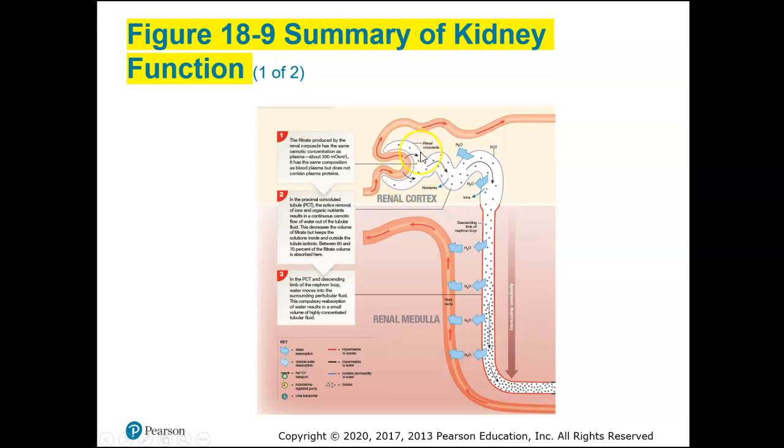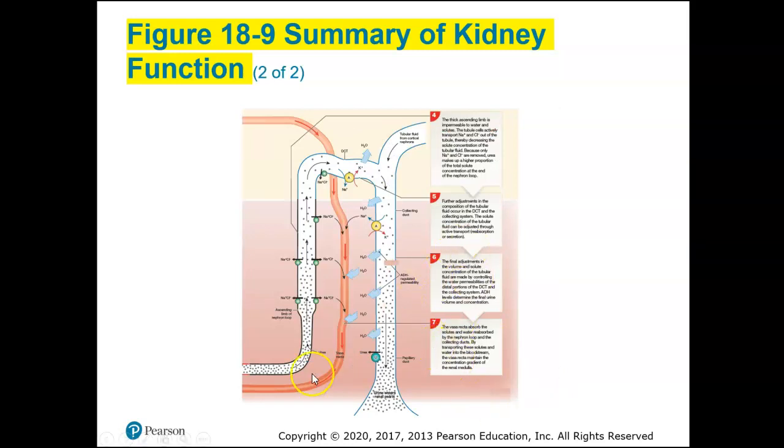Almost everything is filtered out of the blood, and then at the level of the PCT, almost all of that, 60 to 70% of what was filtered out, is reabsorbed back into the blood, especially nutrients like glucose and amino acids and certain ions. Then you have the descending limb of the nephron loop where water leaves but solutes stay, and the urine becomes more and more concentrated toward the bottom.